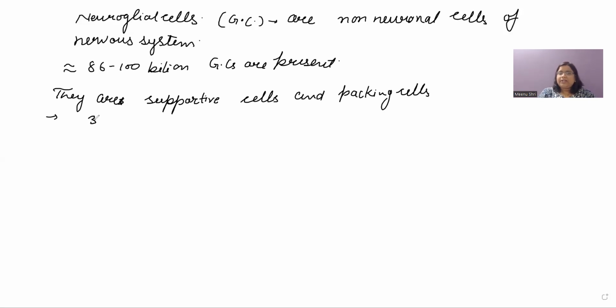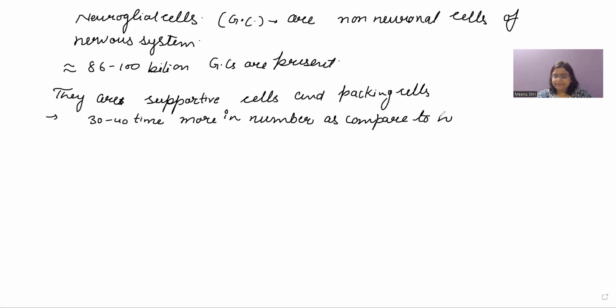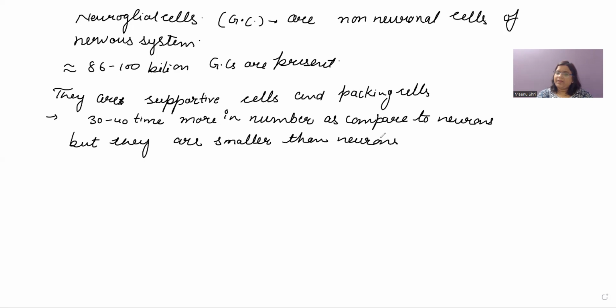They are around 30 to 40 times more in number as compared to neurons. But as compared to size, they are smaller than the neurons. So the neuroglial cells are non-neuronal cells, 30 to 40 times more in number than neurons, but smaller than the neurons.